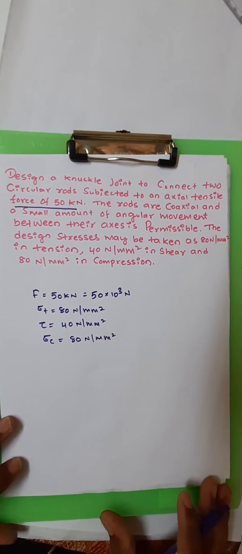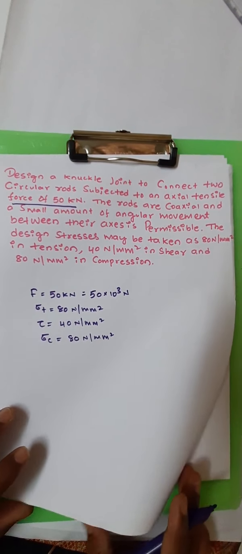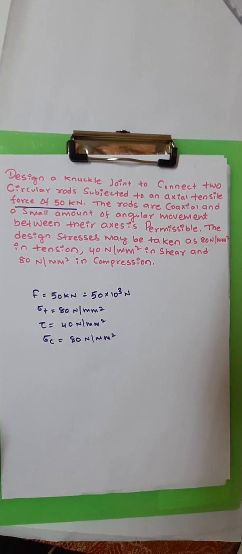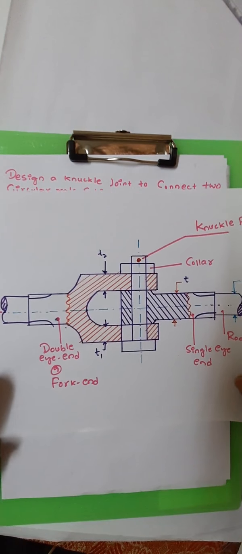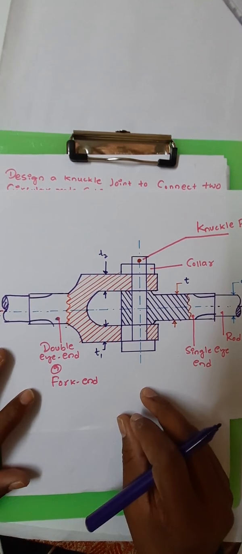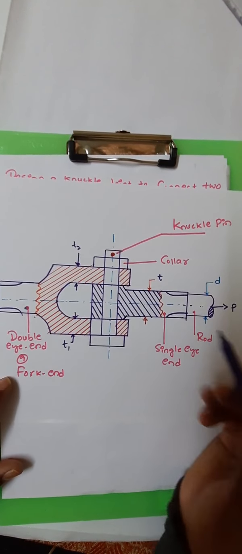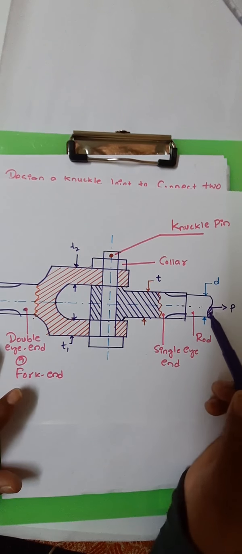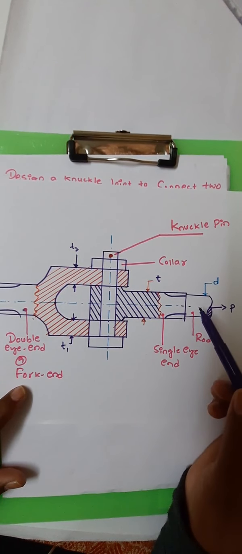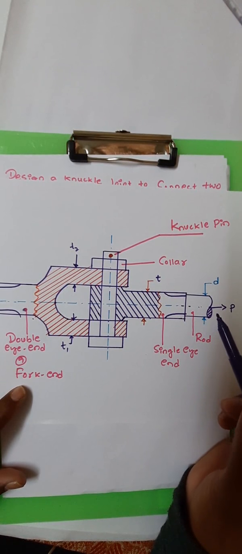Okay, in this problem we have a knuckle joint. We need to design a knuckle joint. Some of the important components present in this knuckle joint: we need to design a rod, where exactly the failure will take place, where we have a small cross-sectional area.